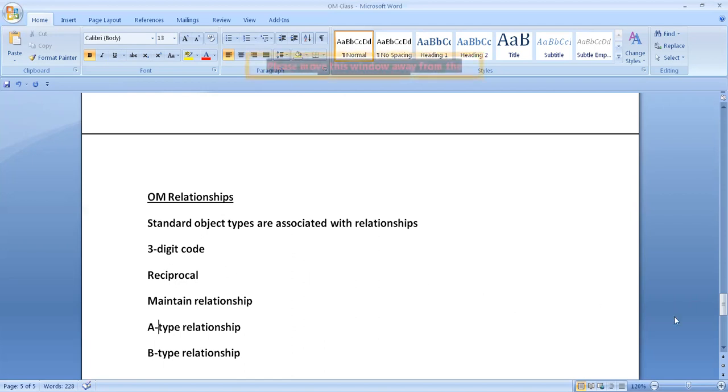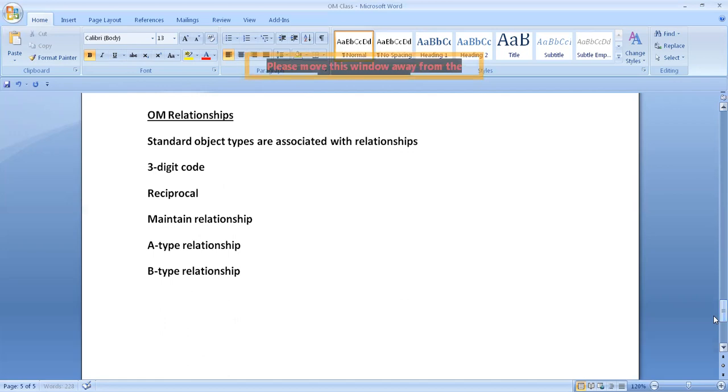So what is an A-type relationship and what is a B-type relationship? Let's try to understand this.